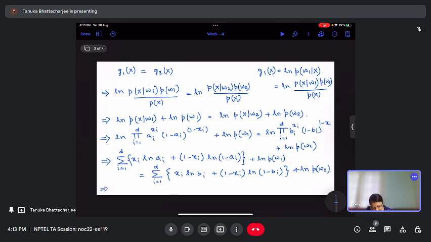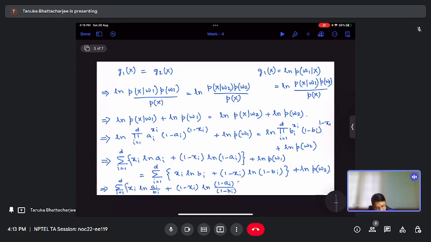That will make it summation i equal to 1 to d, xi ln of ai by bi plus 1 minus xi ln of 1 minus ai by 1 minus bi.